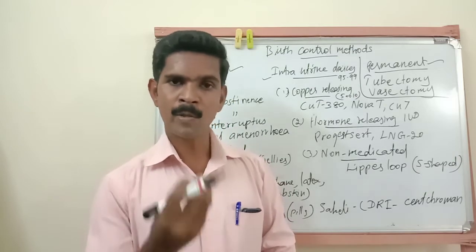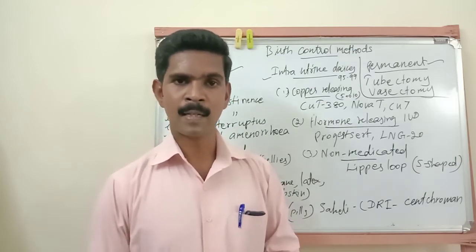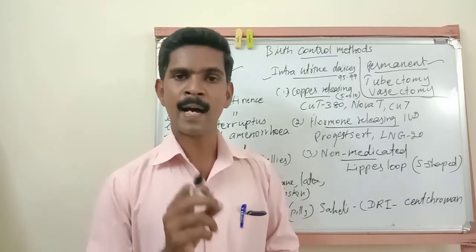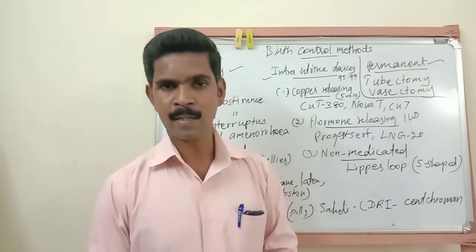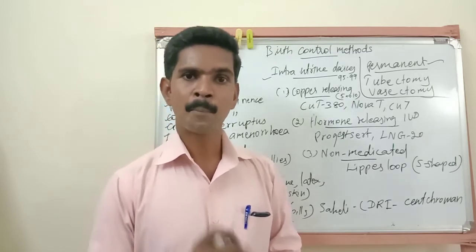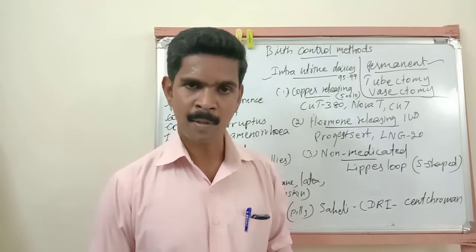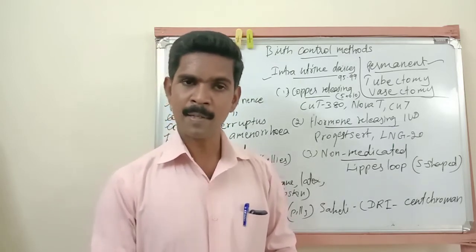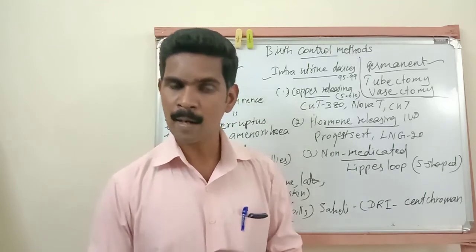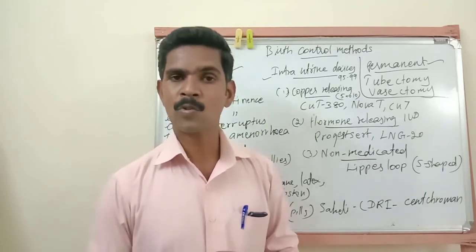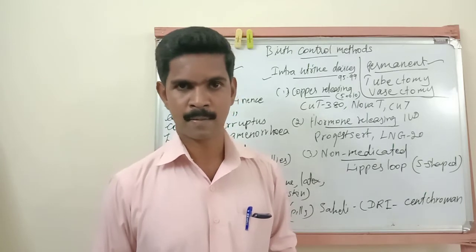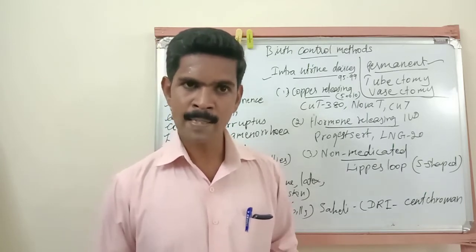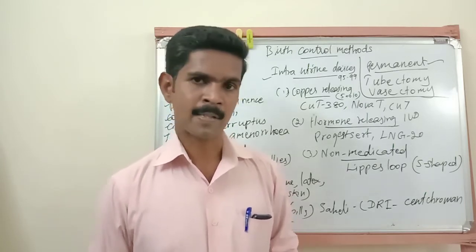So when people use these pills, the production of FSH and LH is stopped in the female reproductive system. If FSH and LH are not produced properly, there is no chance for ovulation. If there is no ovulation, pregnancy is also prevented.